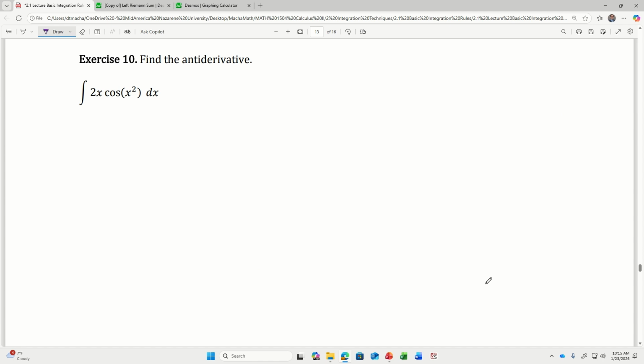Okay, let's go over some U substitution next. I just told you this is going to be a U substitution problem, so what should be my little lowercase u I'm going to apply here? X squared. Very good. And that means the derivative of u with respect to x is 2x.